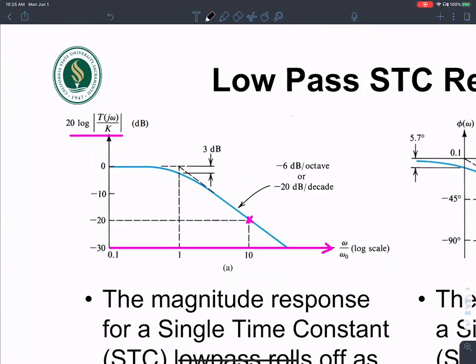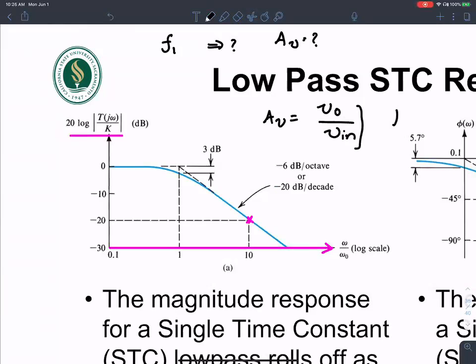If I give a particular frequency F1, and you want to find out the gain at that frequency, remember the transfer function I mentioned: gain is given as V out over V in at that particular frequency.